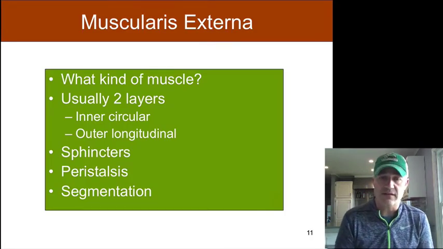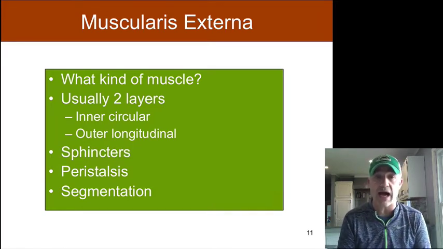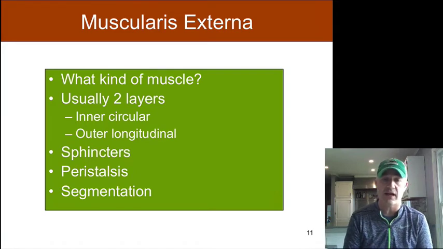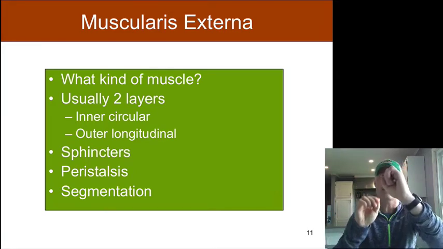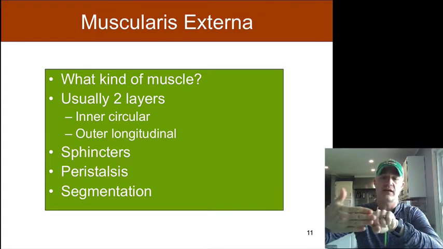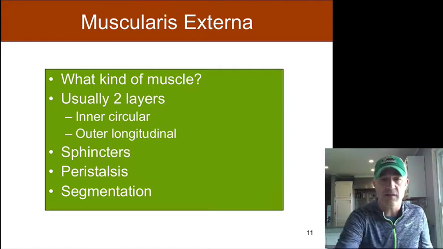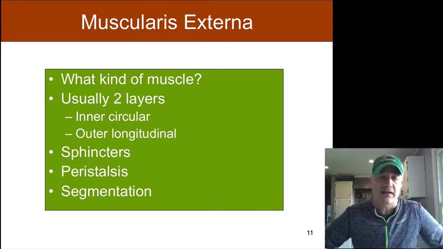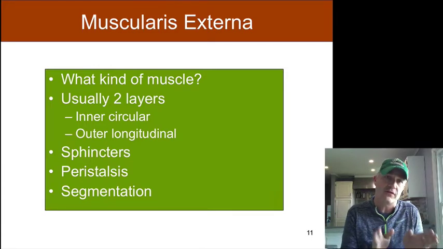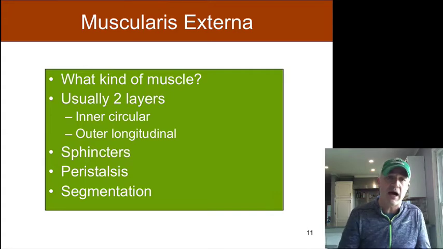The muscularis externa is going to be those two main layers of muscle that we find throughout the digestive tract. You're going to have usually, if this pen was the tube, an inner circular layer that surrounds it like that. And then you're going to have a longitudinal layer that kind of goes on it like this. And it's really the combination of those two layers that allows peristalsis to happen, which is that shortening of the tube in front of the bolus, and a squeezing of that tube behind the bolus.